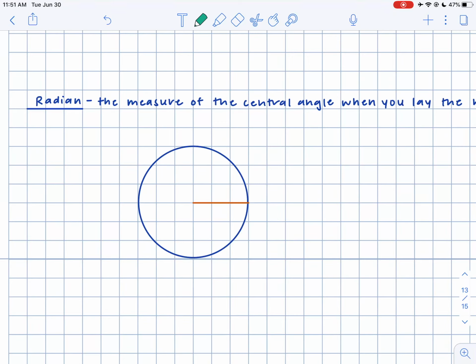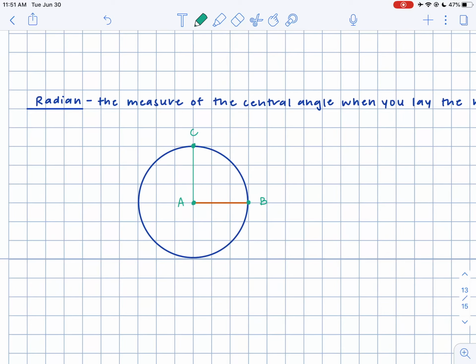Okay, so remember when we measured angles, let's say we have center A, and segment AB is our radius, and we have another radius. Let's call it AC. Actually, let me draw it like this. Okay, AC.